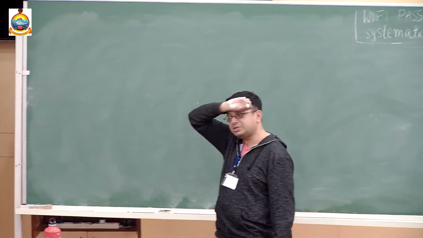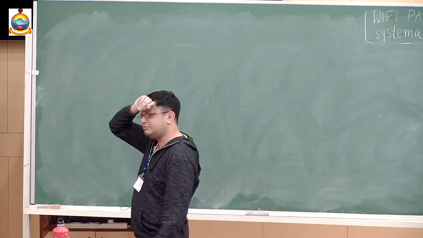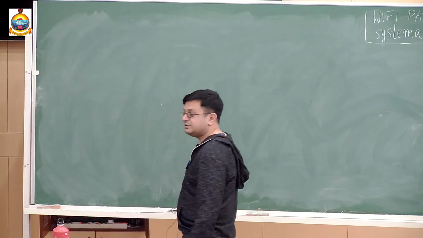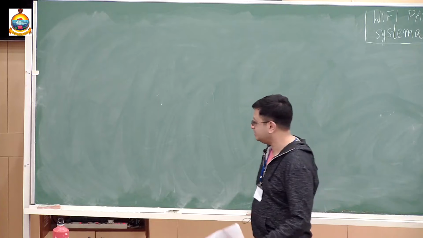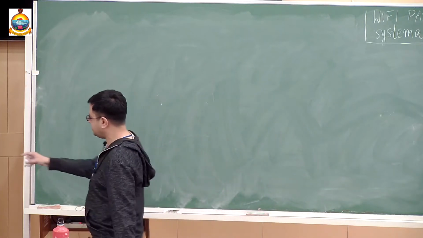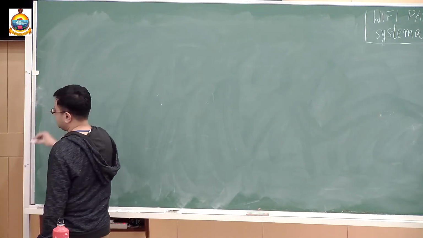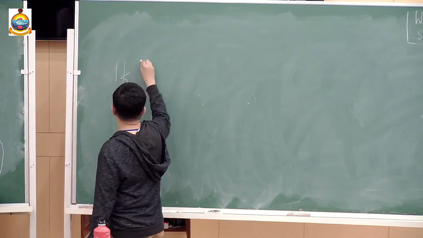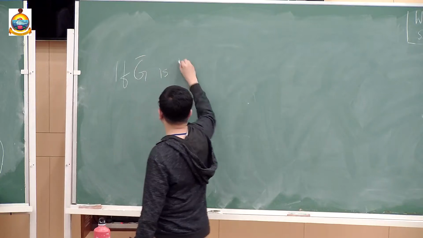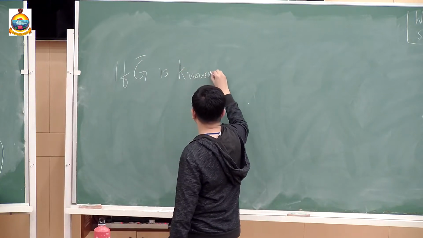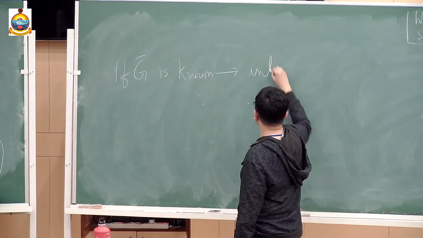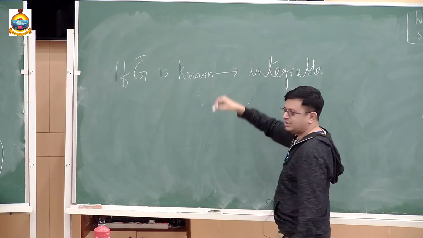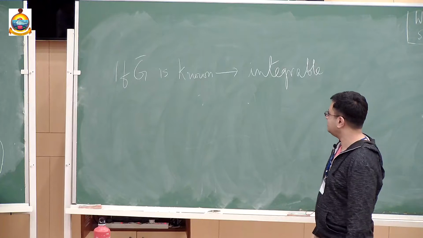I will come to a more precise definition of integrability when we discuss conservative systems, more precisely Hamiltonian systems, but for the time being we say that if this function g is known, then we say that the system is integrable. Then my job is done, then I have a formula, I just put in the numbers that I have.